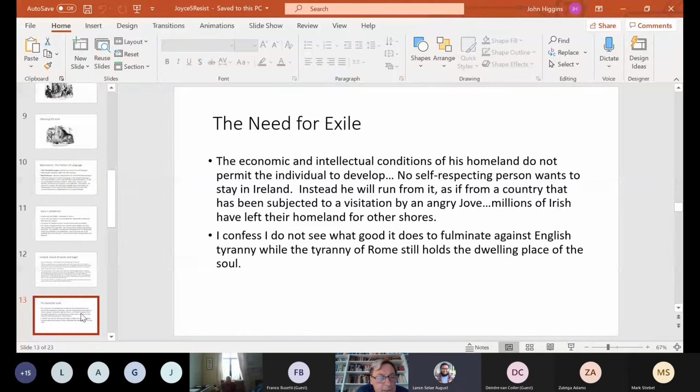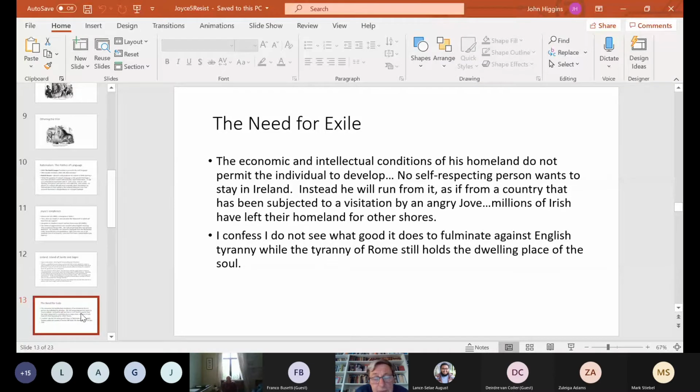From this position, Joyce felt that the only thing one could do was to go into either internal or external exile, if you were to be honest. And Joyce's essay ends with a kind of moving plea, which explains some of his own feelings about leaving Ireland. He tries to defend his leaving of Ireland, summing up the plight of the Irish in the present moment.